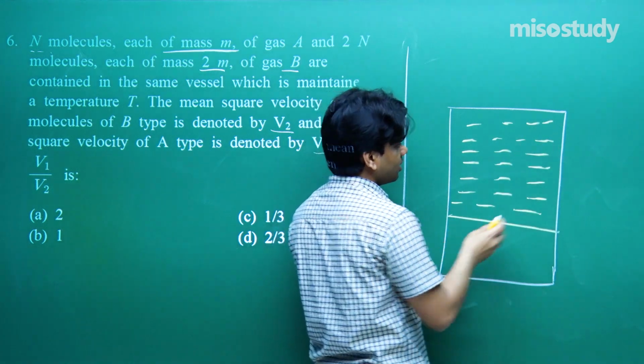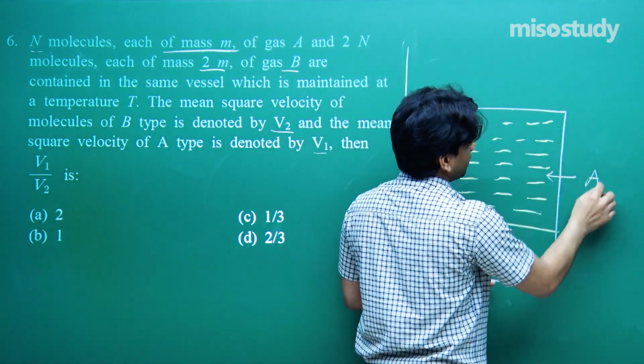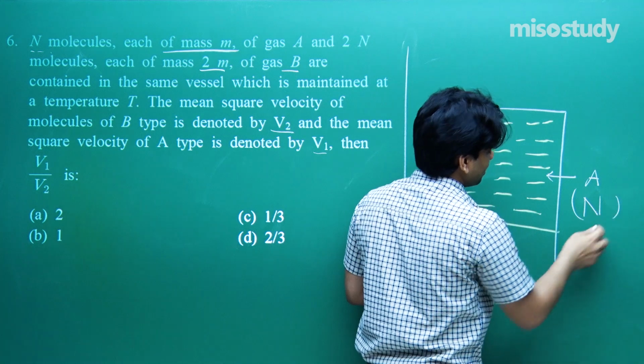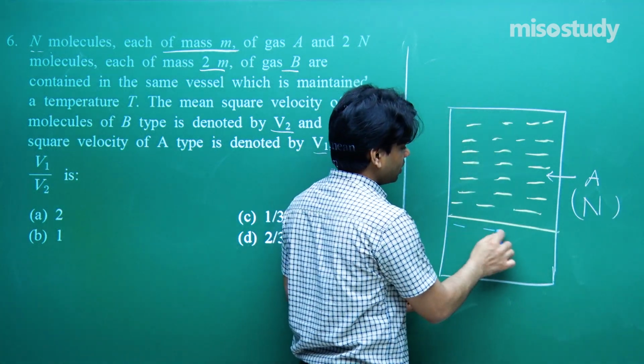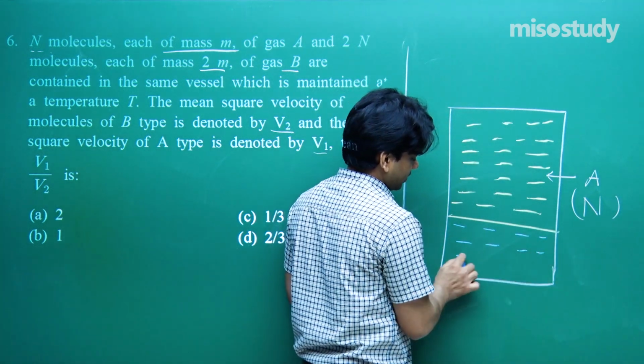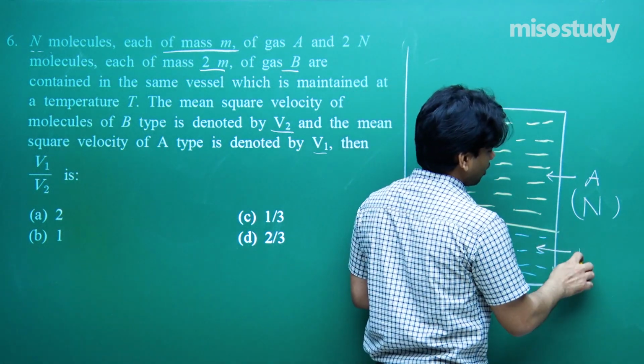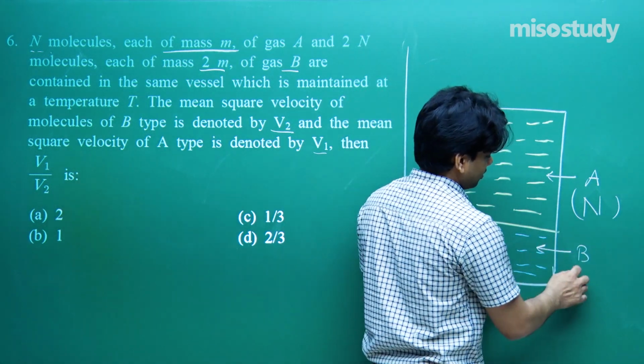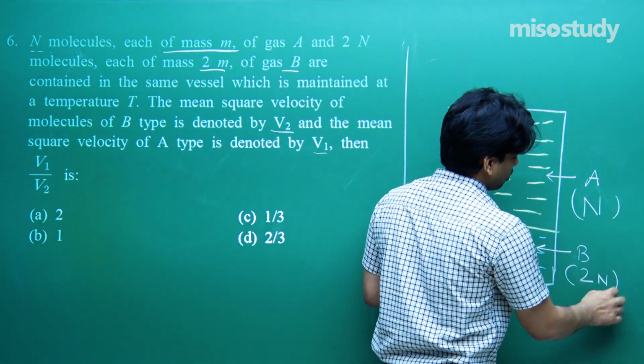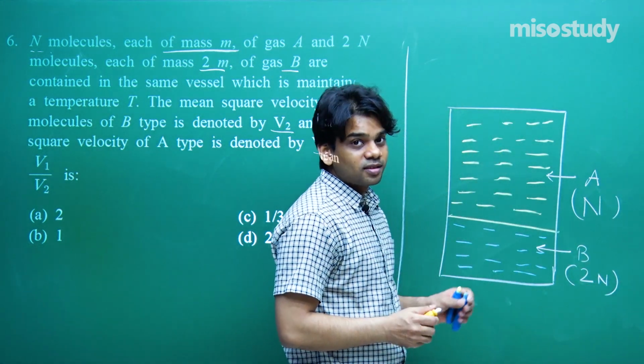This is gas A, N number of molecules, and here we have gas B, and this has 2N number of molecules. These are two things that have been provided.